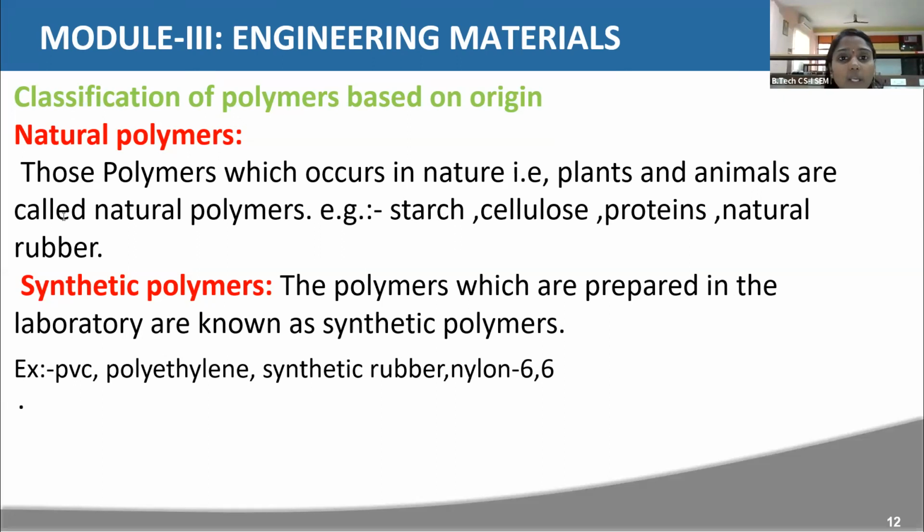Natural polymers are obtained naturally. Synthetic polymers are prepared in the laboratory. Natural polymer examples are starch, cellulose, proteins, natural rubber. Synthetic polymer examples are PVC, polyethylene, synthetic rubber, nylon 66.